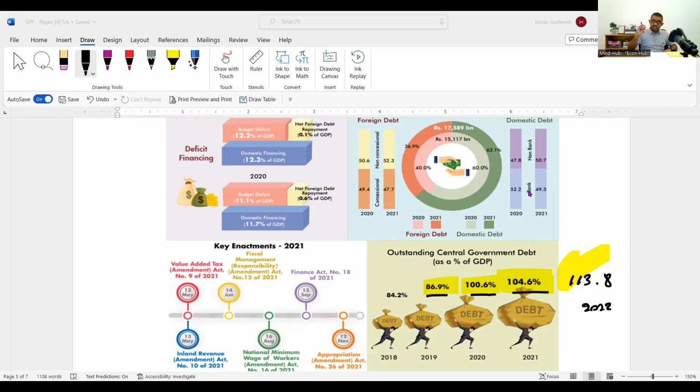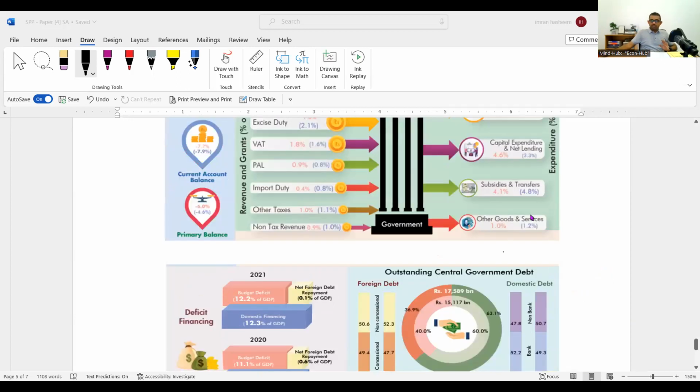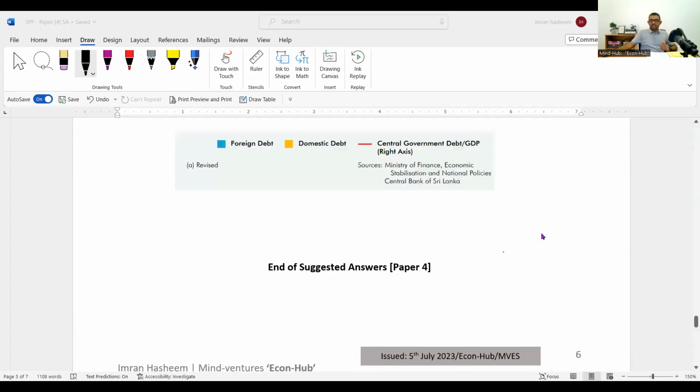Not only the debt to GDP ratios, but domestic and foreign percentages also. It's very possible for you to remember these things. These are not difficult.